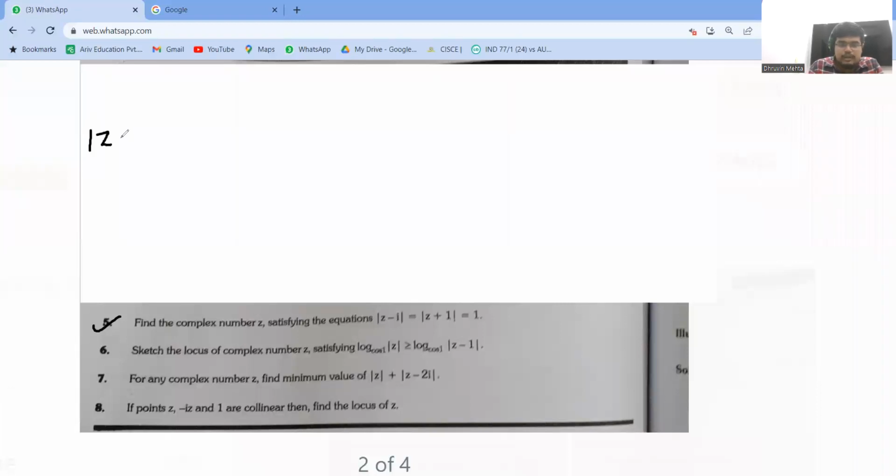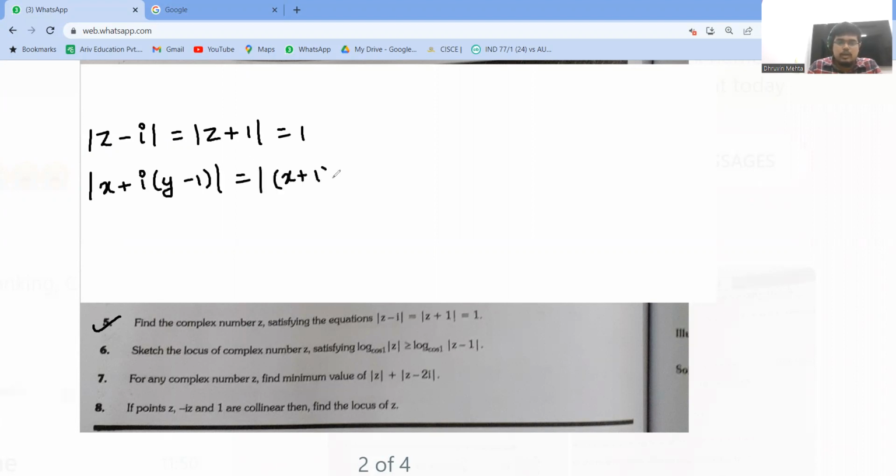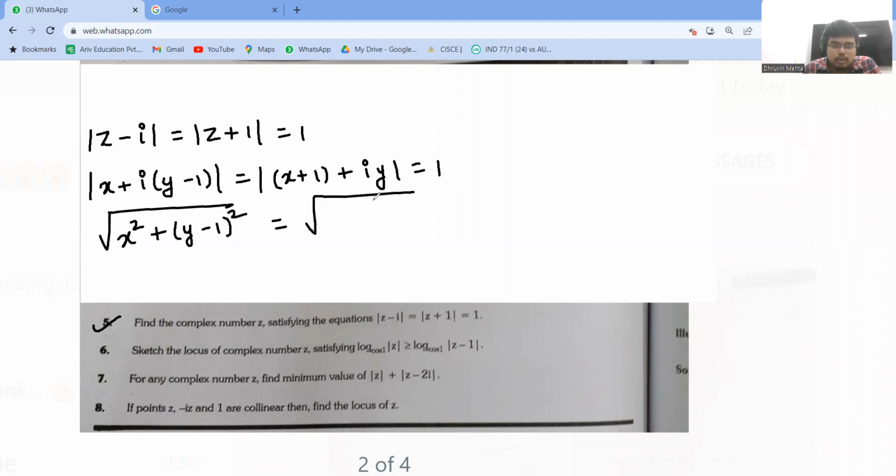So see, mod of z minus i is equal to mod of z plus 1 is equal to 1, it was said. So mod of x plus i(y minus 1) will be equal to mod of (x plus 1) plus iy is equal to 1. So modulus means root of this will be x square plus (y minus 1) the whole square, and this will be root of (x plus 1) the whole square plus y square, and this will be 1.